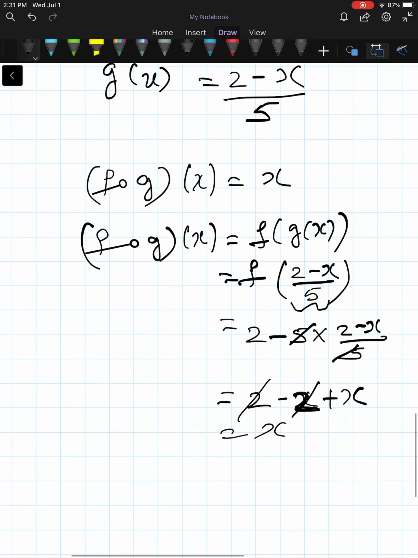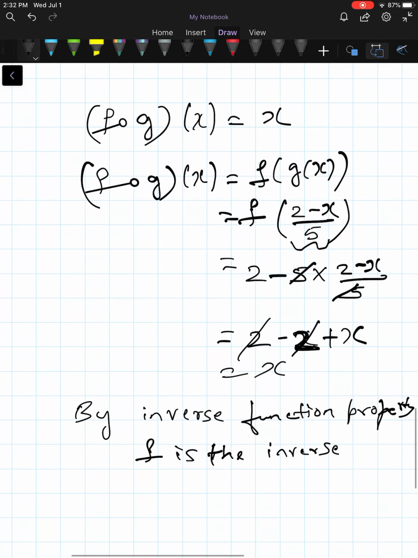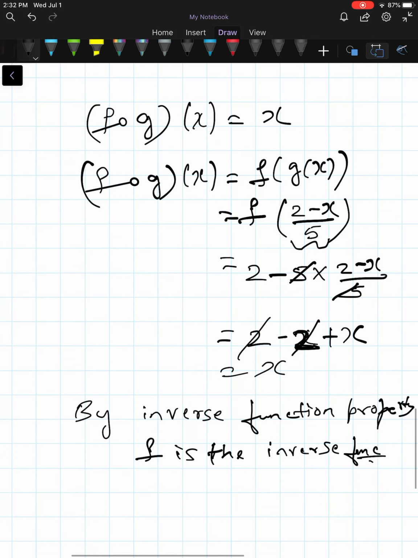So by the inverse function property, f is the inverse function of g.